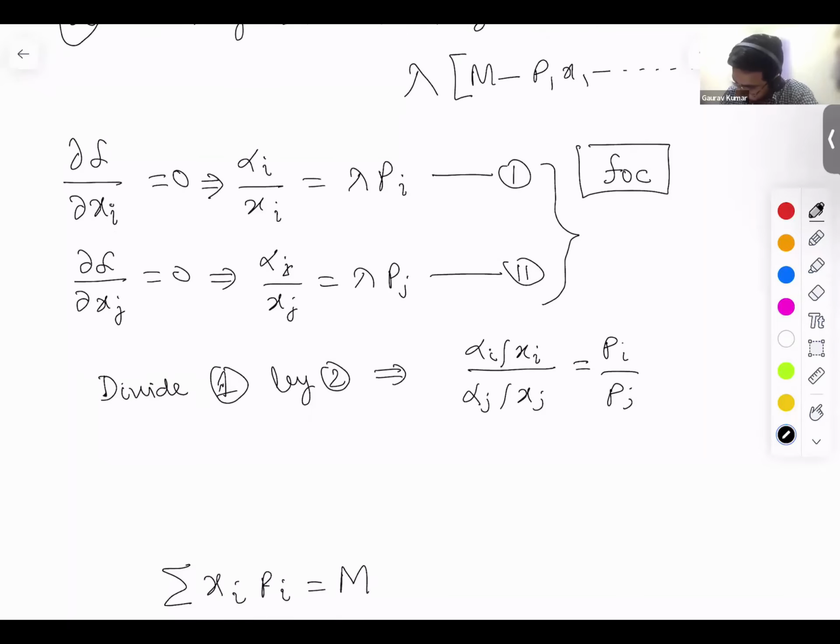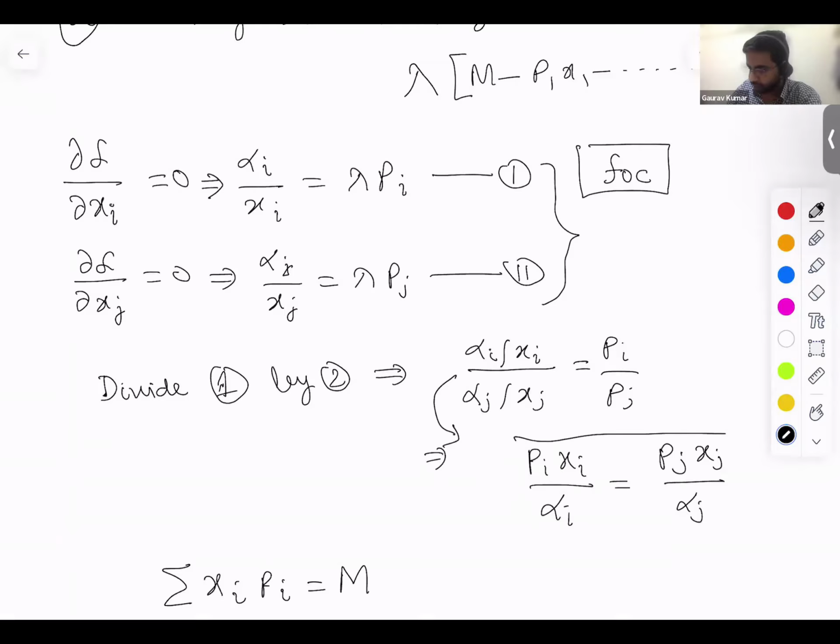We can write this thing as pi xi by alpha i. You can just do algebraic manipulation and convert this into this.